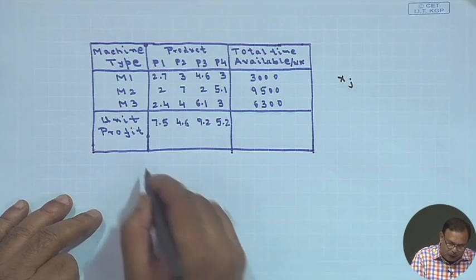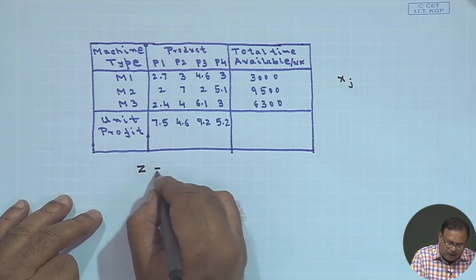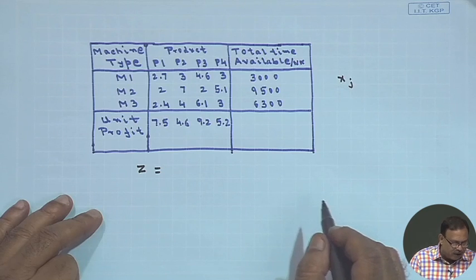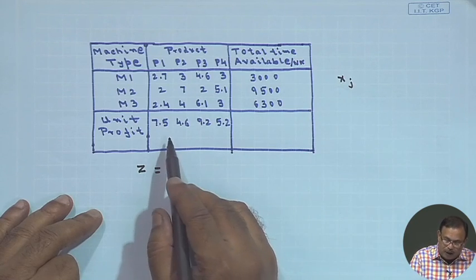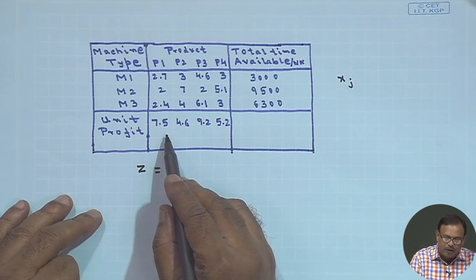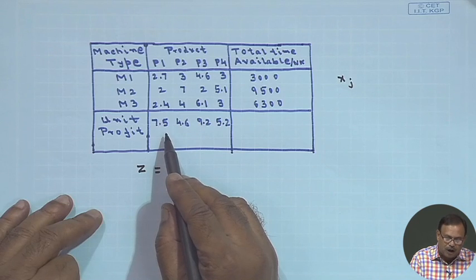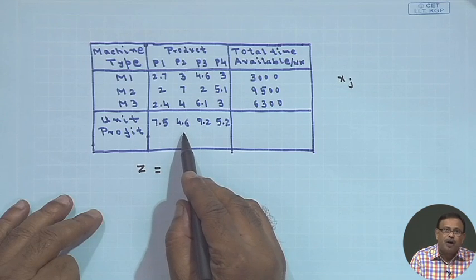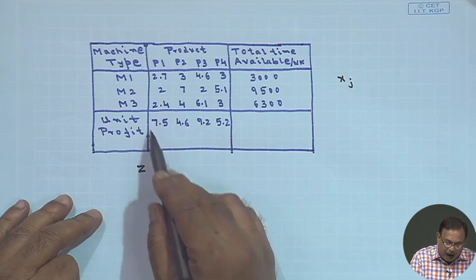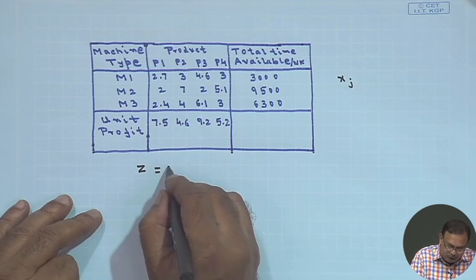So, we can develop a function z. Our aim: I am producing x1 quantity of product P1, x2 quantity of product P2 like this, and the per unit profit is given.